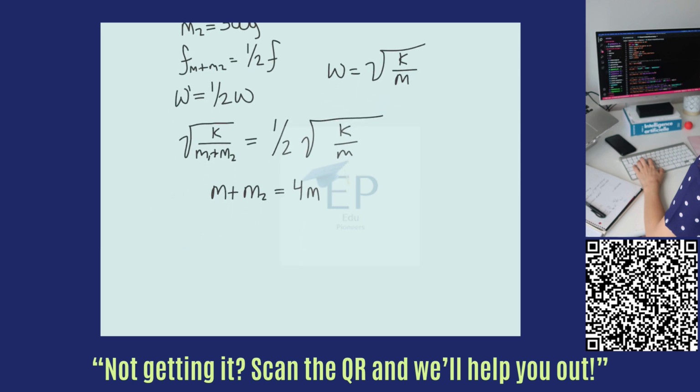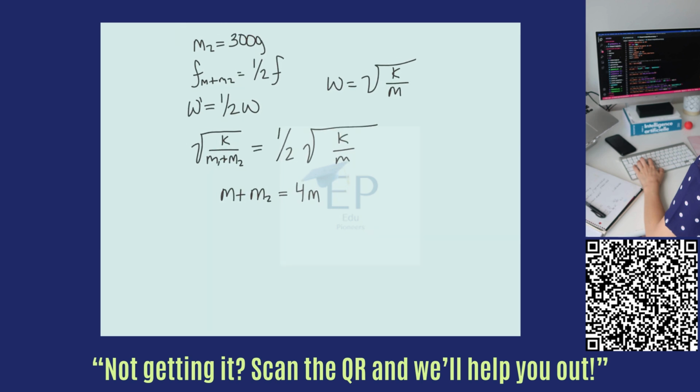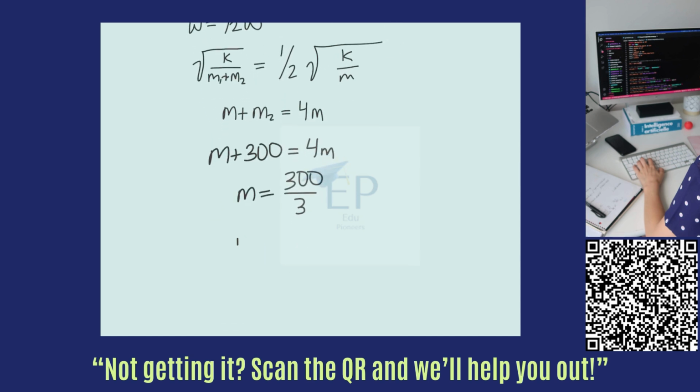And we know that our M2 is 300 grams. So we have M plus 300 equals 4M. Solving for M, we end up having M equals 300 divided by 3. So in other words, our original mass is 100 grams, or 0.1 kilograms.